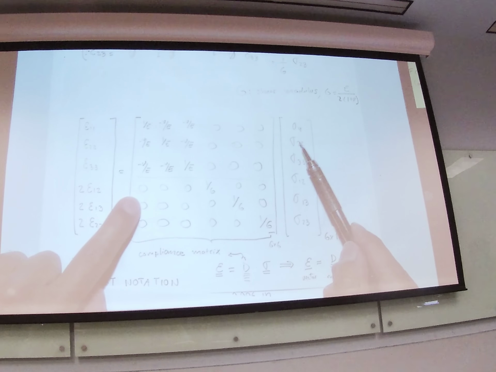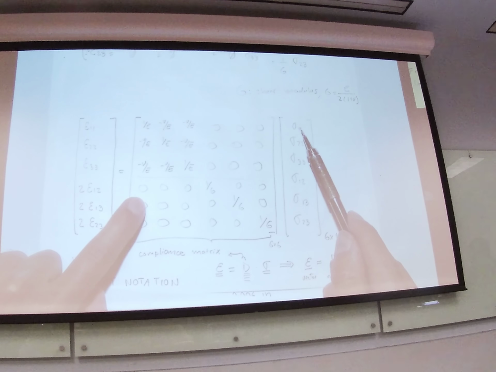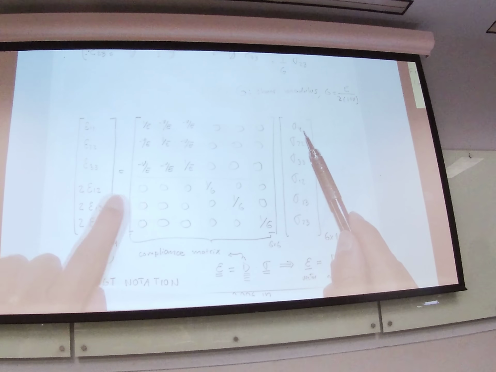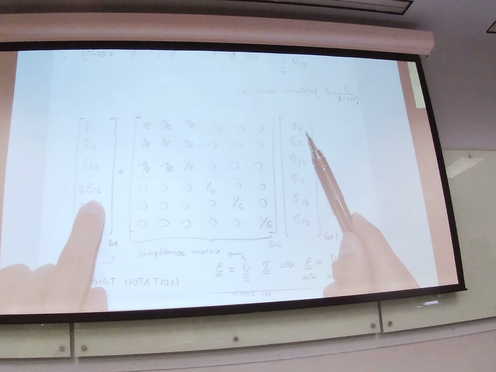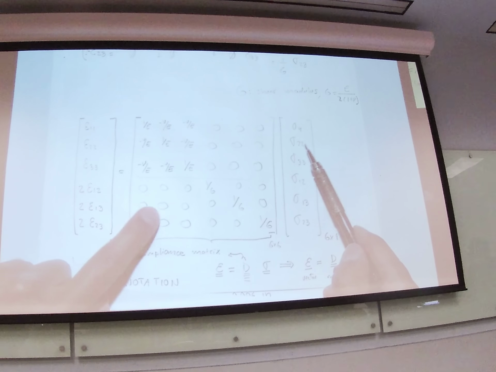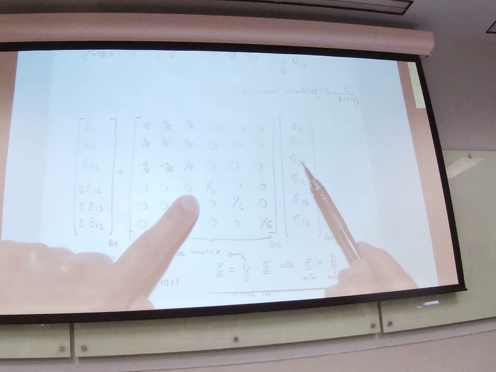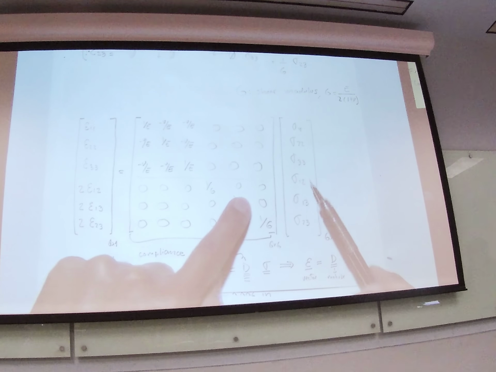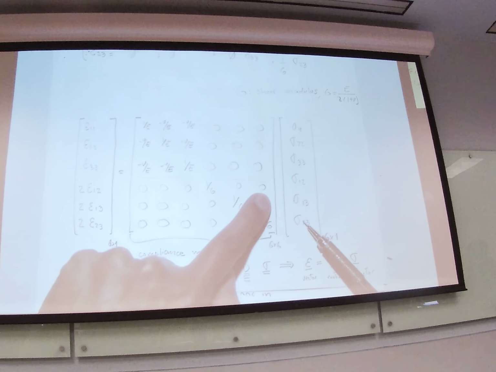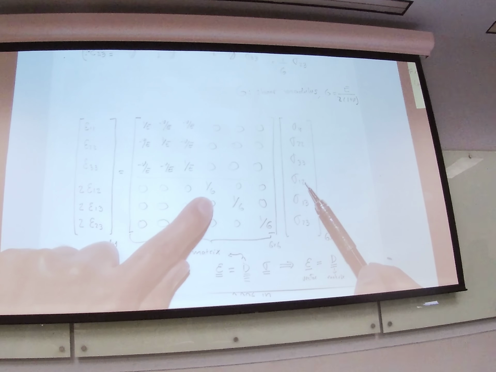So what that 0 means is that this sigma 1,1 cannot produce any shear strain epsilon 1,2. This sigma 2,2 cannot produce any shear strain epsilon 1,2. Nor this one, nor this one and that one. The only one that can produce a shear strain epsilon 1,2 is sigma 1,2.